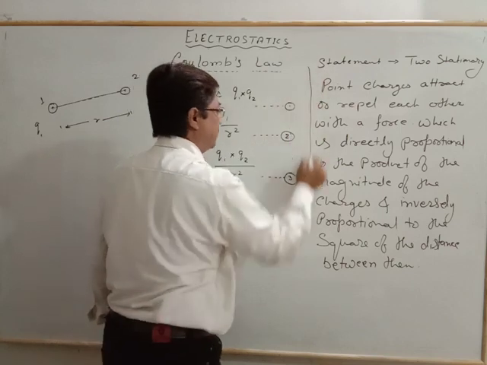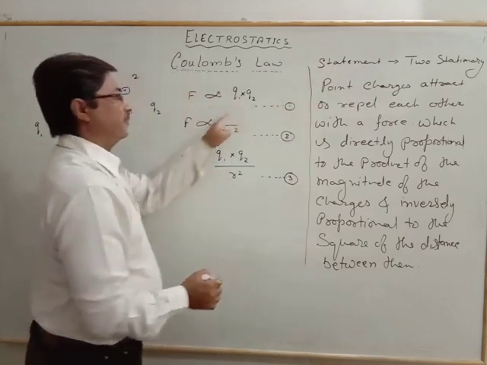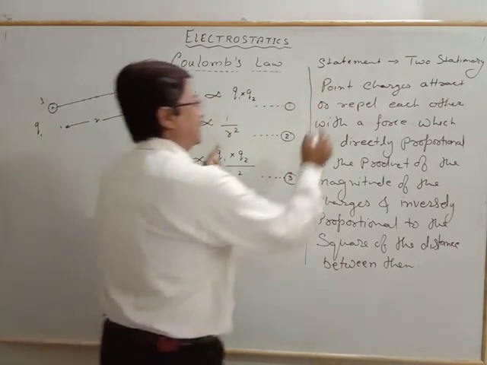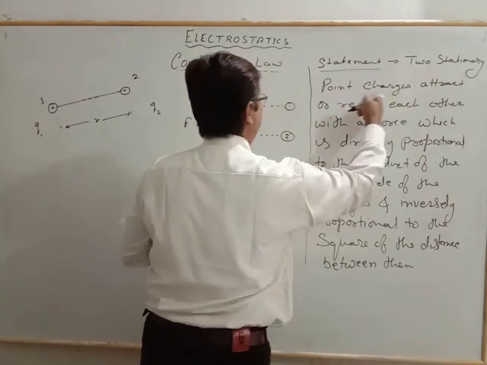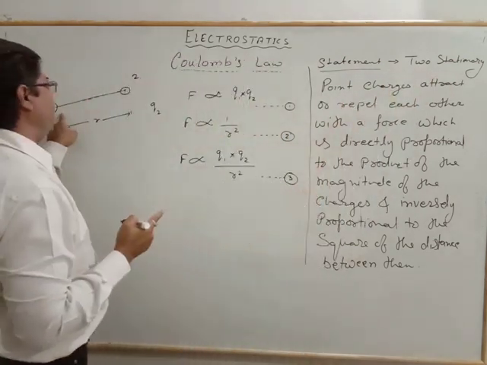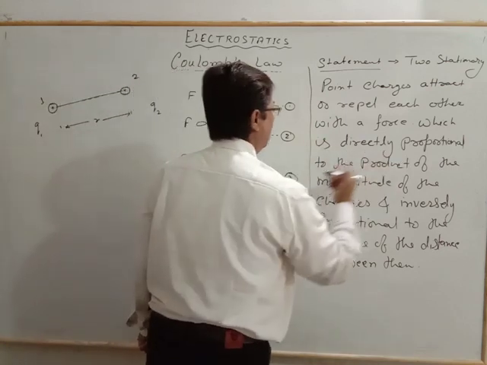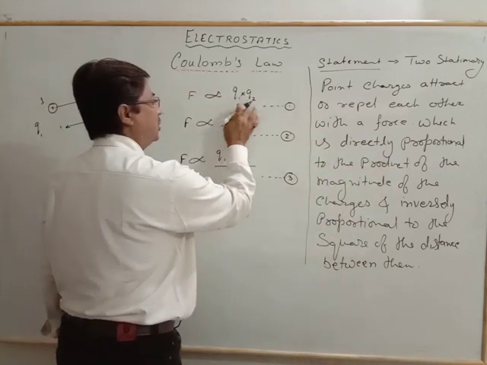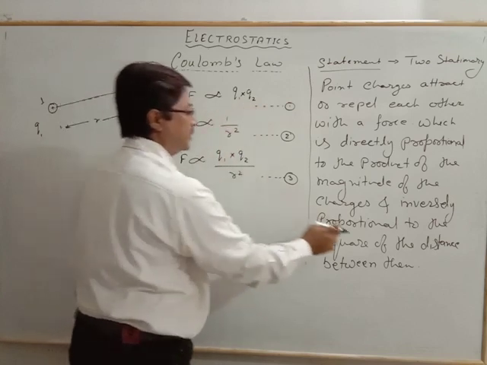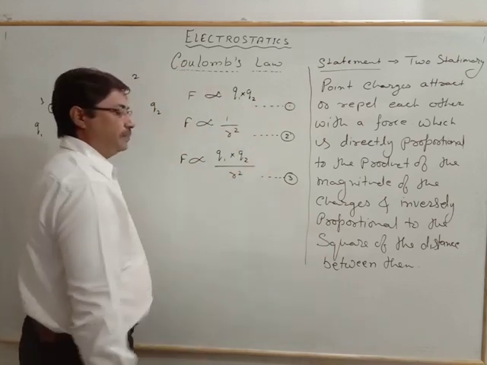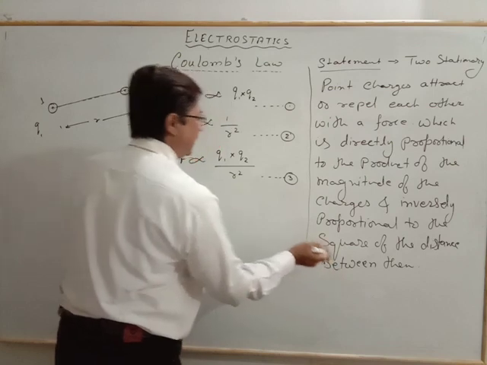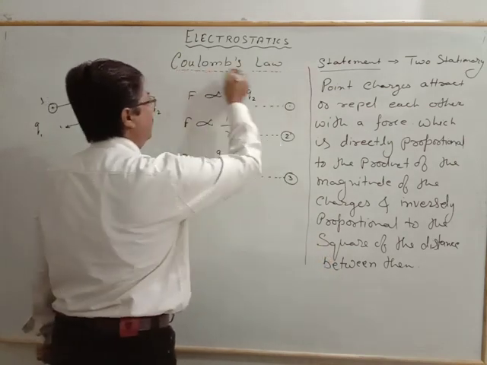So that statement comes from these two relations. The stationary point charges Q1 and Q2 have a force directly proportional to the product of the magnitudes of the charges and inversely proportional to the square of the distance between them. That is the statement for Coulomb's law.